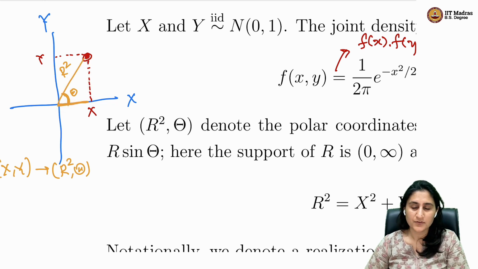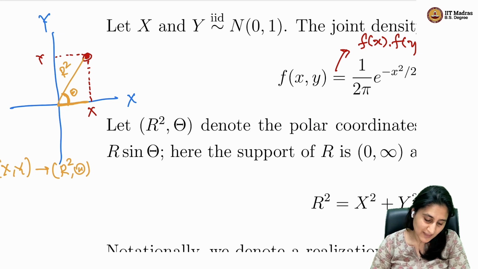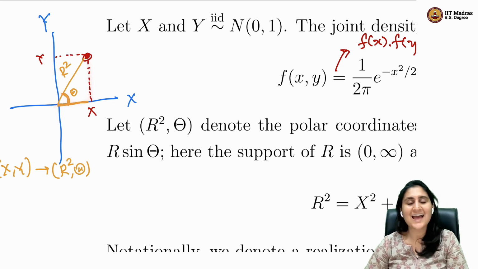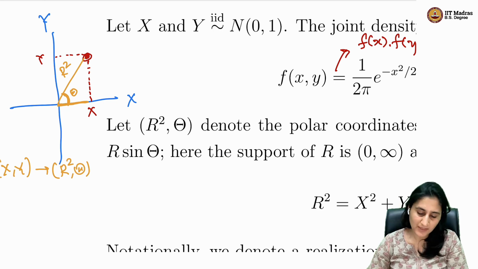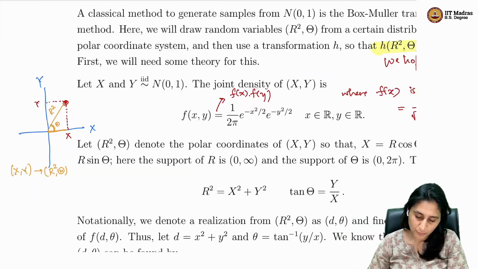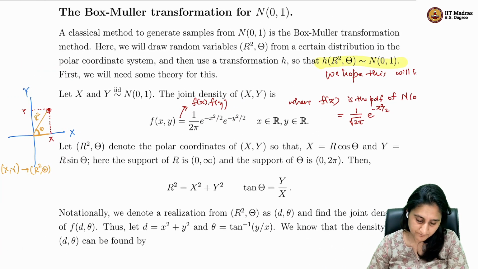So that's one relationship that I have. And then the other relationship I have is that the angle over here must be a function of the tan of the x and y plane objects. So that's how we convert to the polar coordinate system.